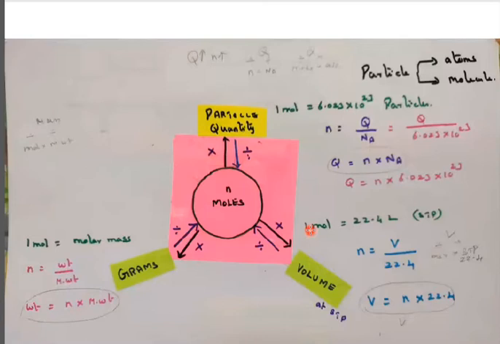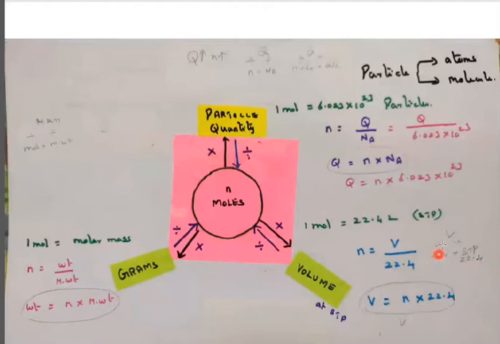Next, 1 mole is equal to 22.4 liters or 22,400 ml. If you want to calculate the number of moles by using volume, this is the triangle concept: volume divided by moles times standard volume. That is, at standard temperature and pressure, the volume is 22.4.